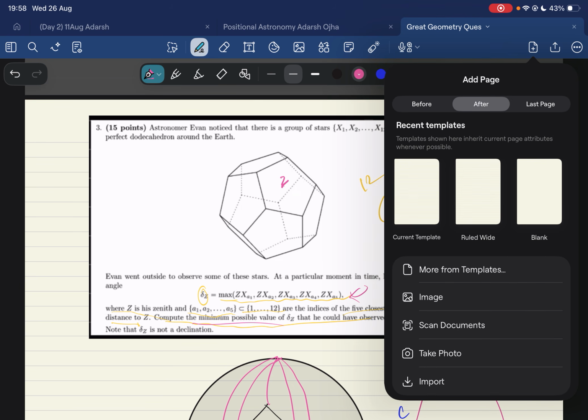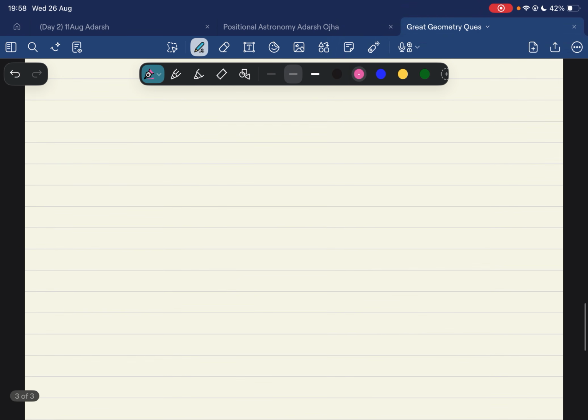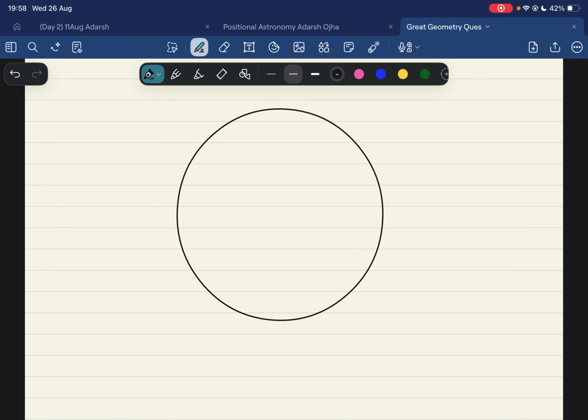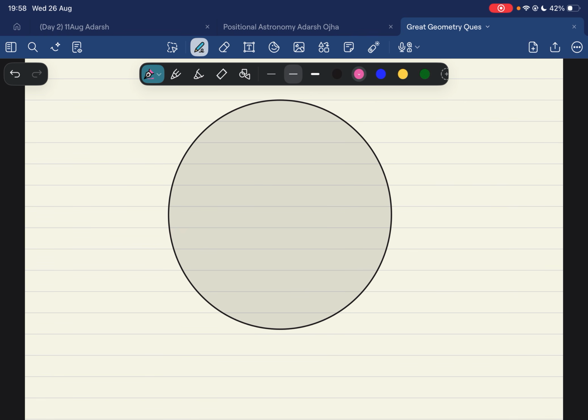Suppose we have our celestial sphere right here, and we just have a pentagonal face right here. Let's just have the zenith in here, right? And it's just this pentagonal face, it goes just inside it. It's just that I can't show this in 3D.